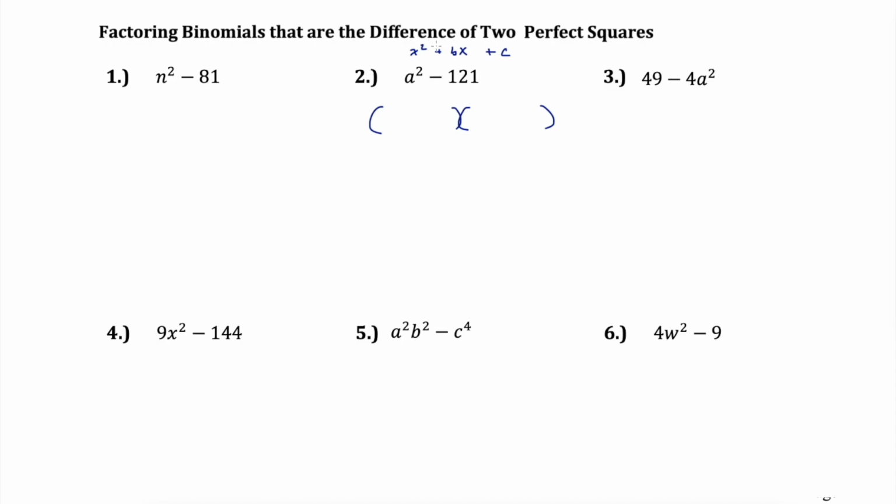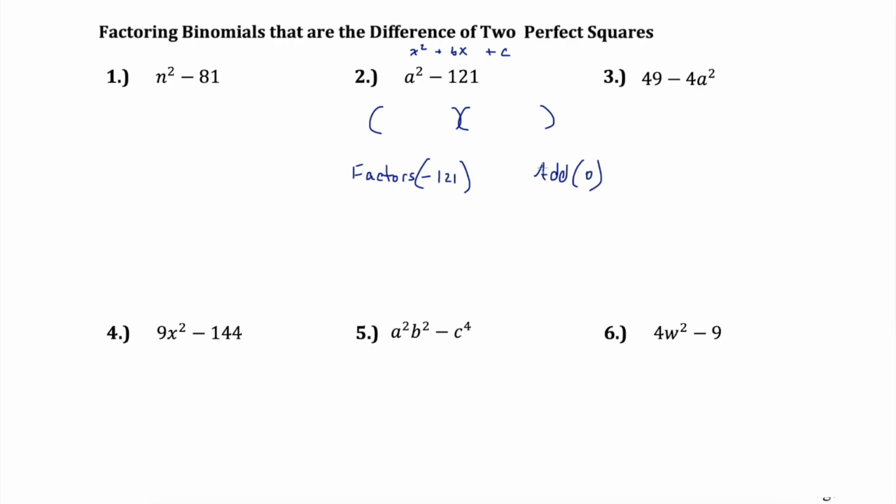And there is no middle term here, so that means that b is 0. So what are we saying here? We're saying, and this is always true when we have a difference of two perfect squares, the factors of negative 121 that add to 0.